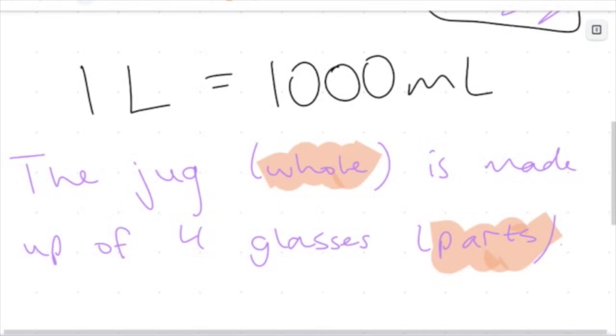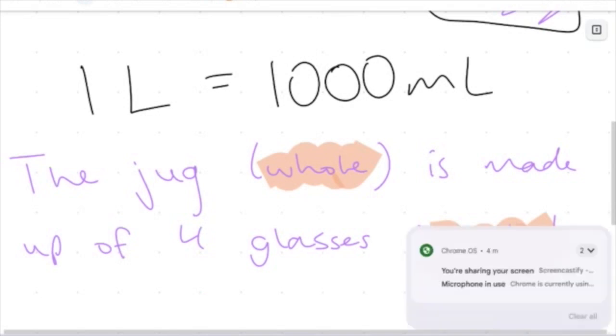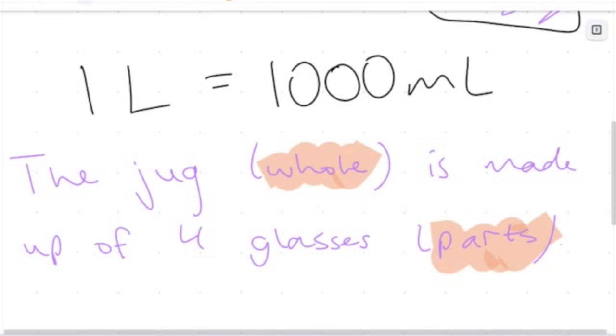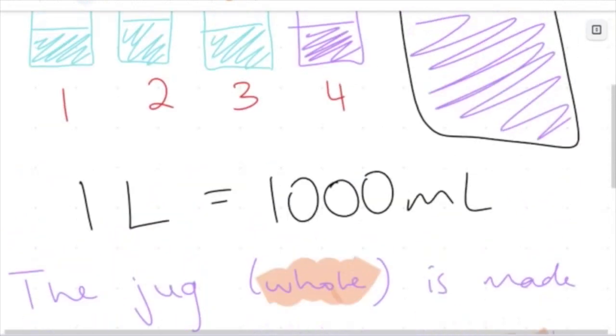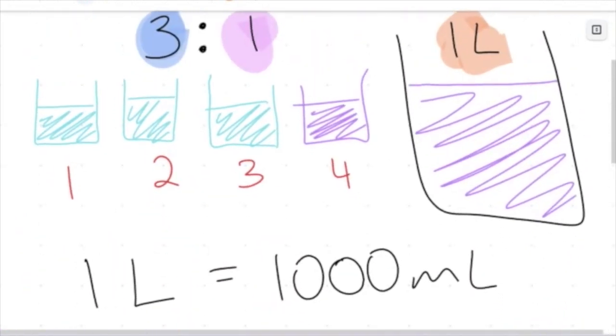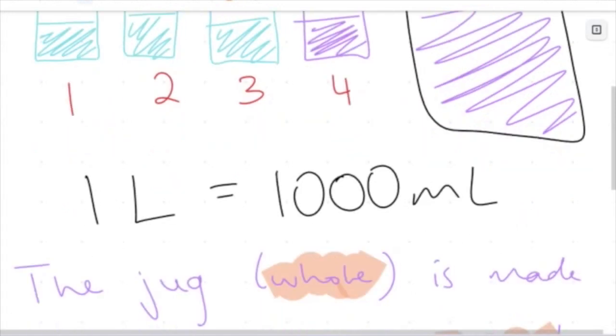We are now carrying over to fractions, to what we've been learning in fractions so far. And we're going to apply this to ratios. Now, I can say that 4 equal parts make up my whole. And 3 out of 4 are water. 1 out of 4 are cordial syrup.